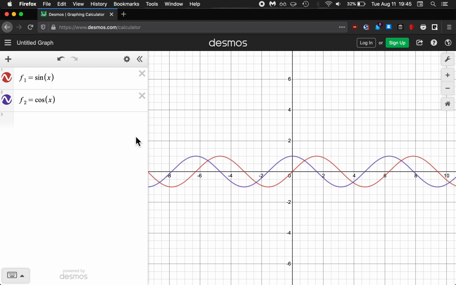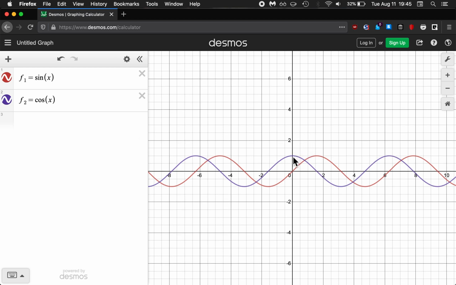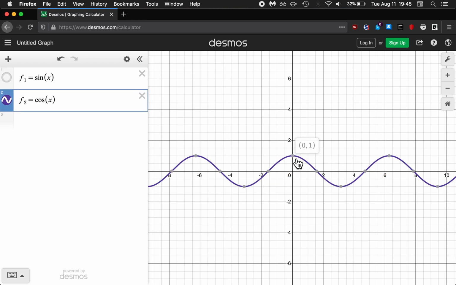So let's continue and try to remember the derivative of the cosine function. The cosine function I have here in purple, let's get rid of the red. Obviously I should have a derivative of 0 at this maximum here, and a derivative of 0 at this minimum here. Does that make sense?